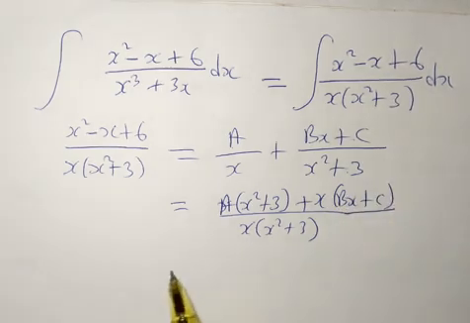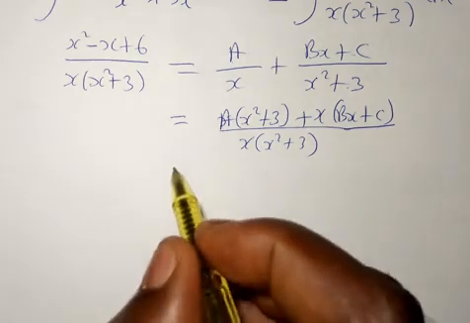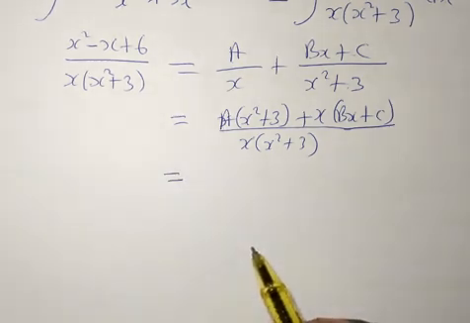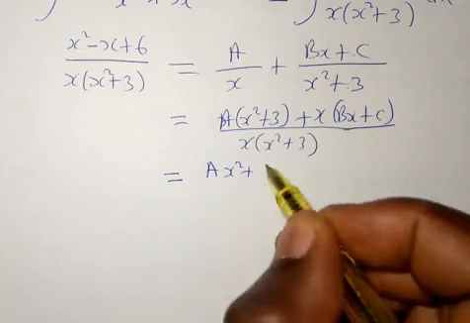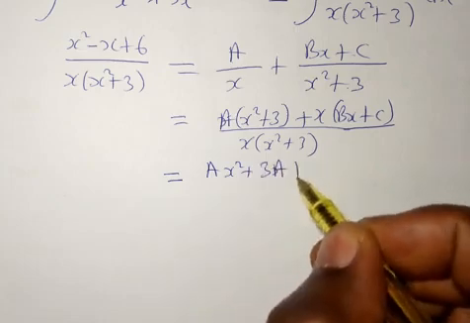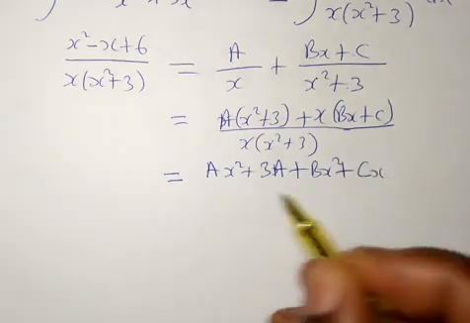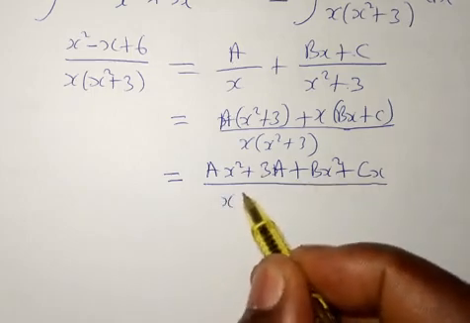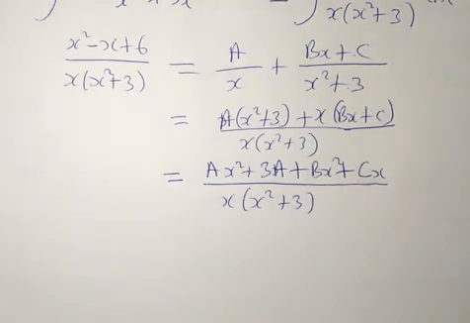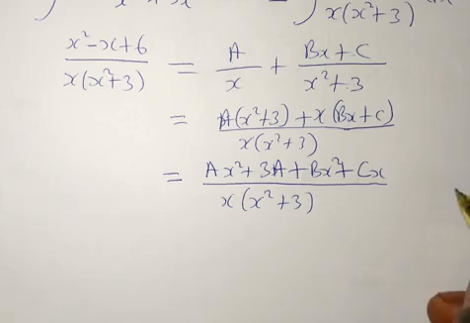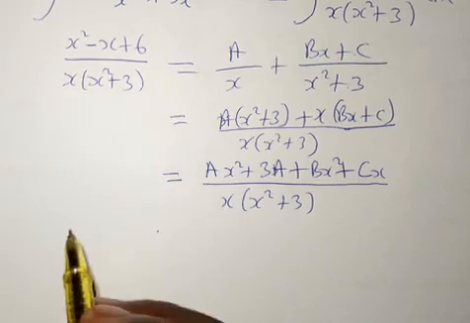So this one here, having done this, we'll have this equal to, when you open this bracket, Ax² + 3A + Bx² + Cx all over x(x² + 3). Now let me bring this one down.